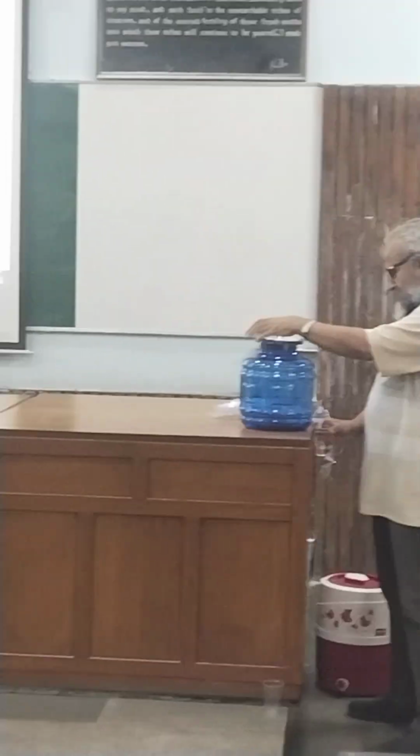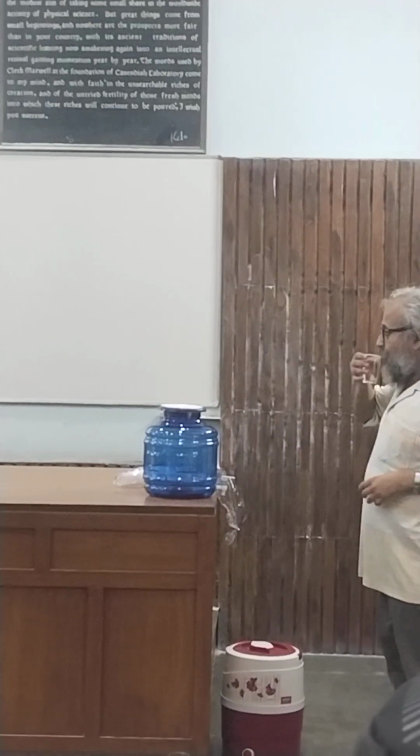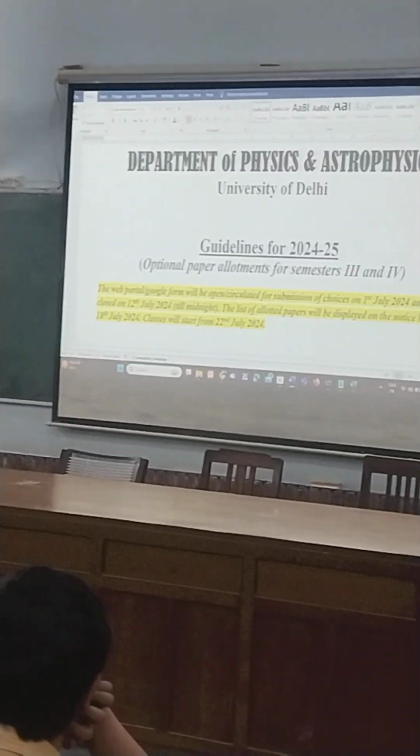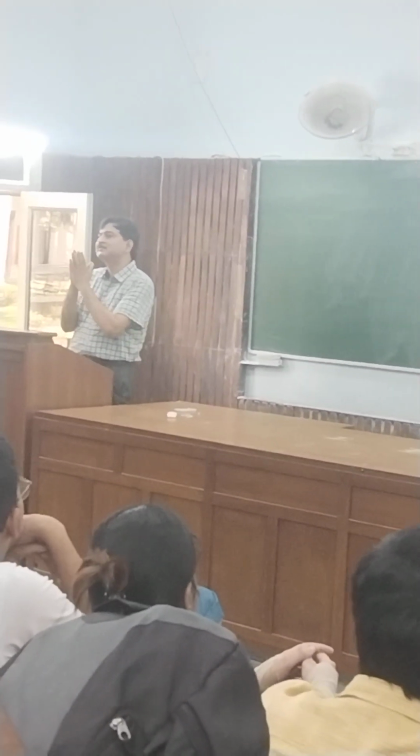Okay. So now coming to the subjects, what are the subjects we are going to offer you? This time we have 2 separate streams. One is your experimental stream and the other is the theoretical stream.